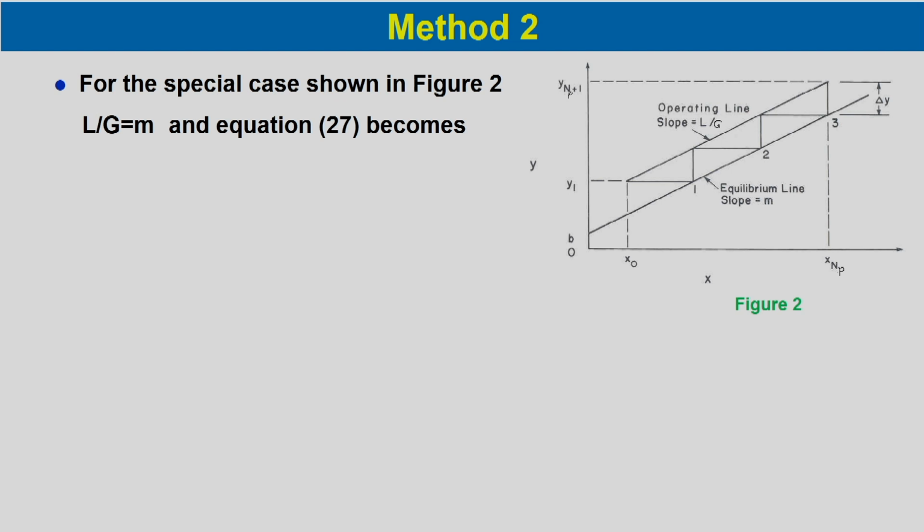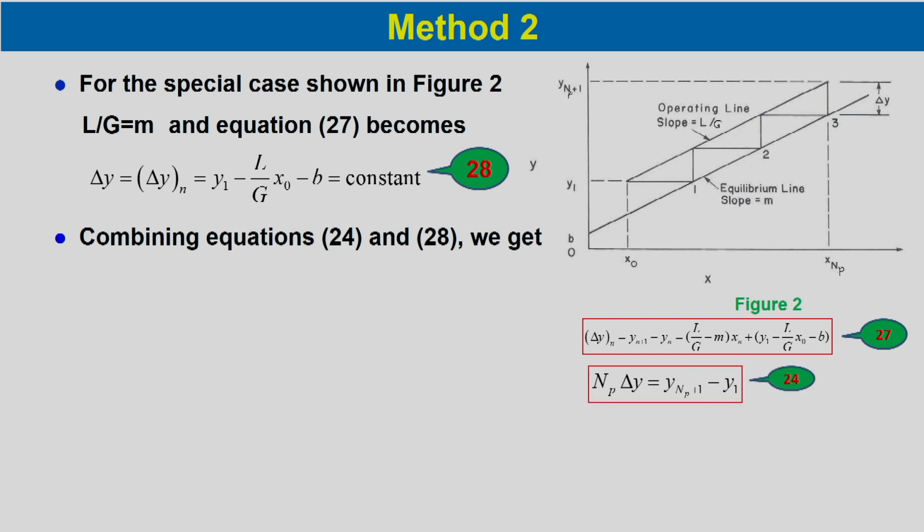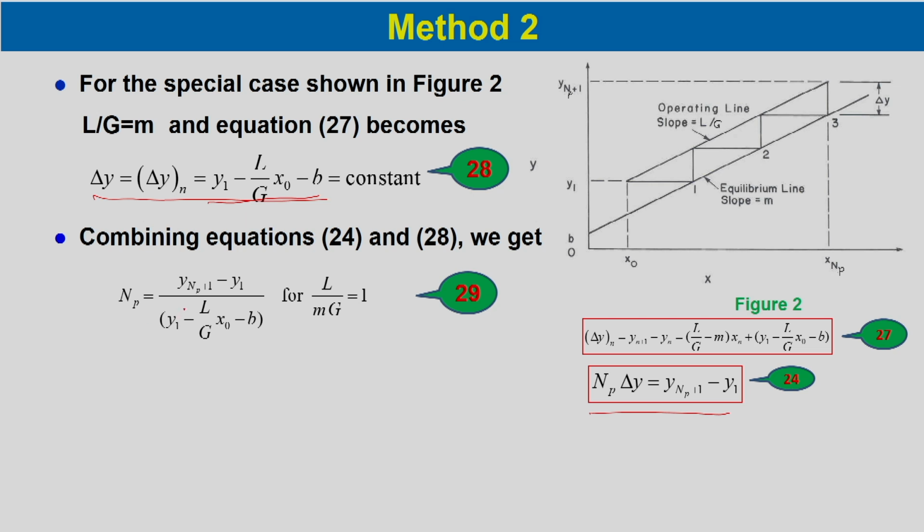Then equation 27 becomes delta y n equal to y 1 minus L by G x naught minus b, which is a constant. Combining equations 24 and 28, we can write N p equal to y N p plus 1 minus y 1 divided by y 1 minus L by G x naught minus b, and this is valid only for L by m G equal to 1.